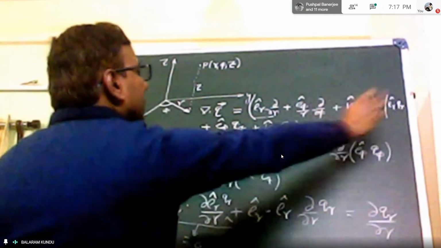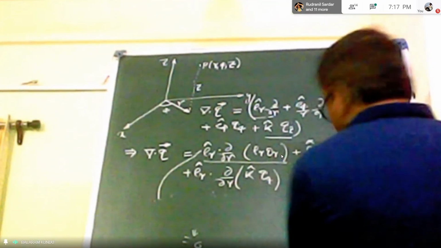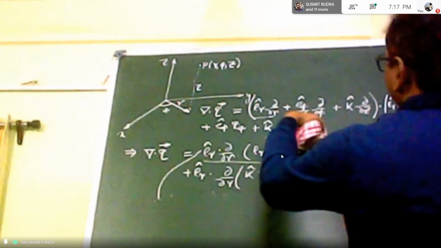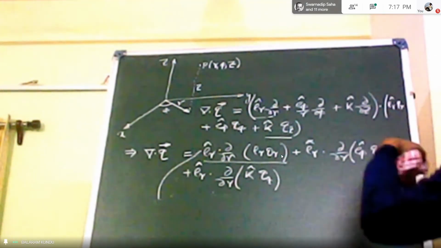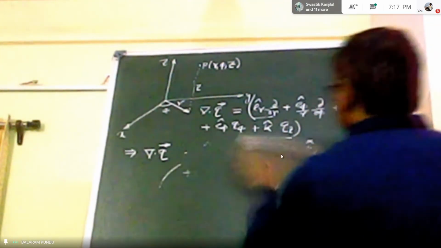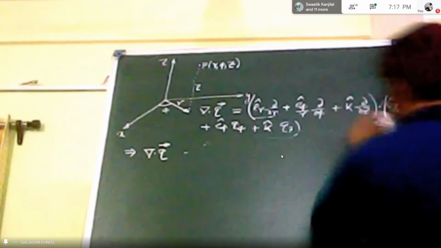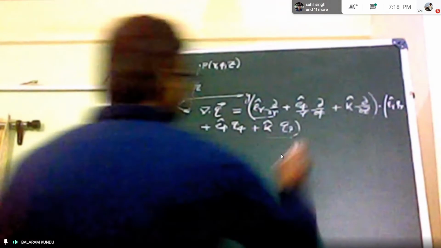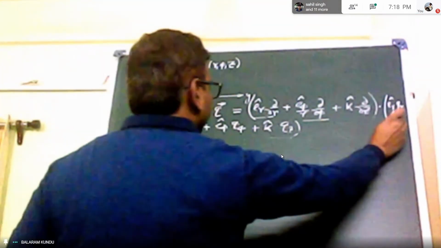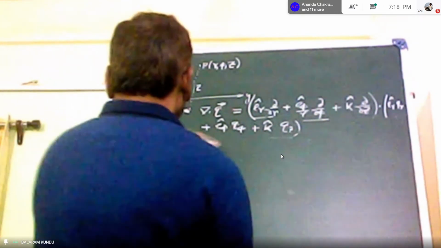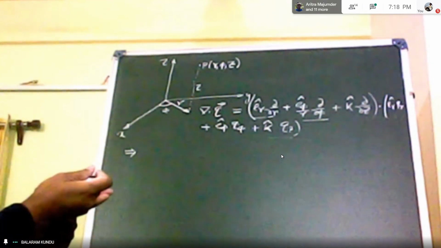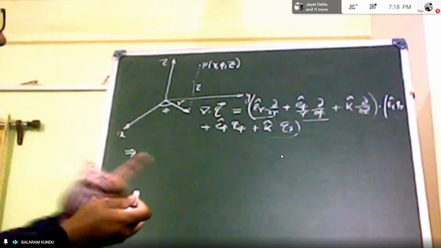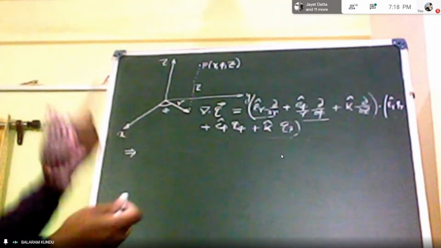Okay, and another two terms are there. If we write e_phi by r del by del phi dot of this, then what will happen? Now you can think in this way. The second term, this term dot this term. From the first term we have obtained del q_r by del r, that term has been obtained from the first.